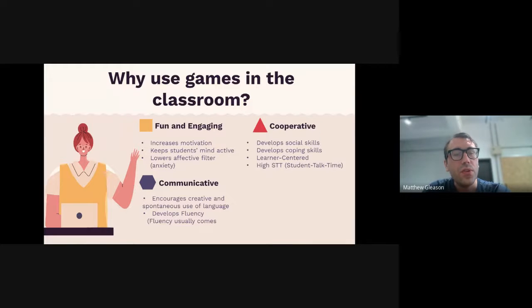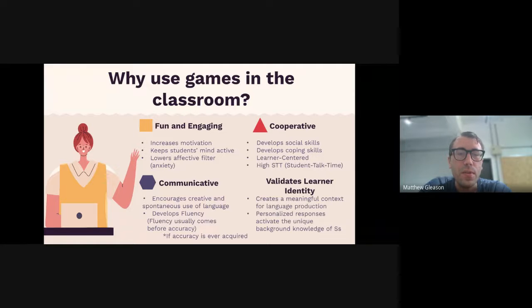And fluency usually comes before accuracy, if we ever fully achieve accuracy in the target language. And then games also validate learner identity. So it creates a meaningful context for language production, and it personalizes responses, so the students get to say what's on their mind, right? They get to share their personality in their response and the activity itself.